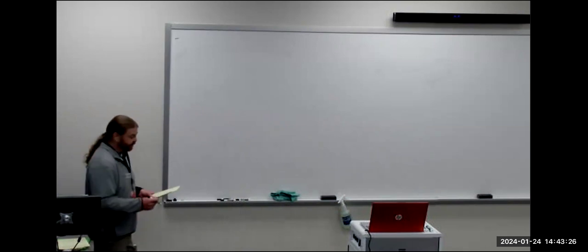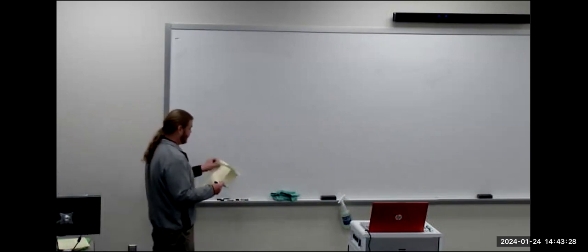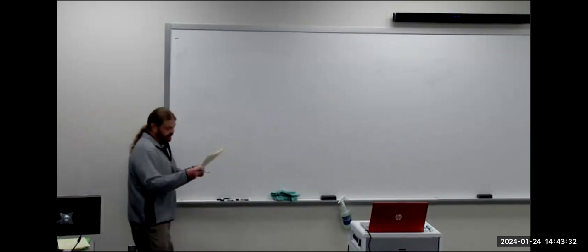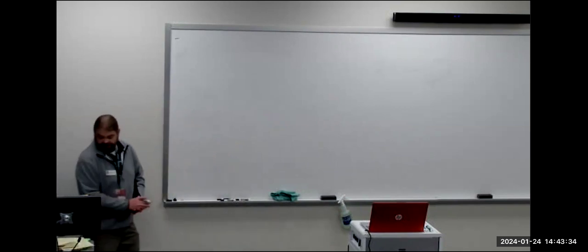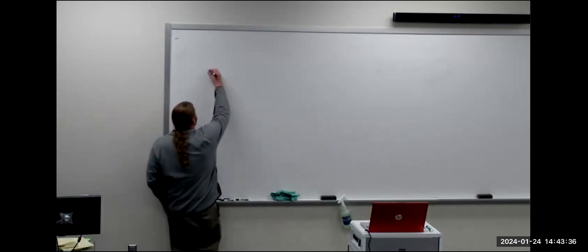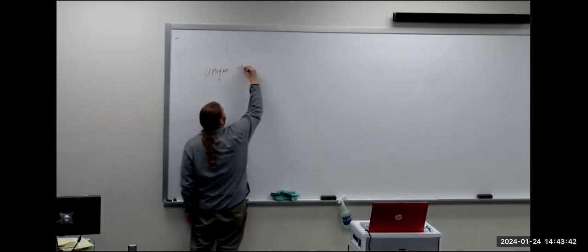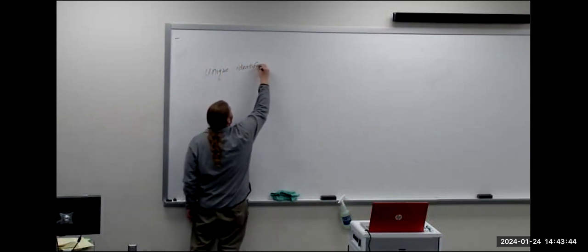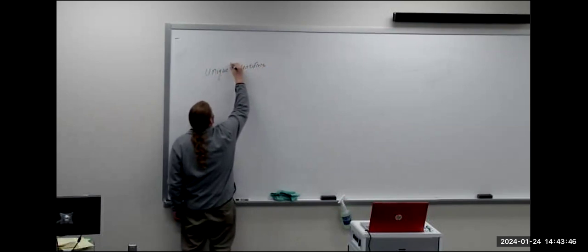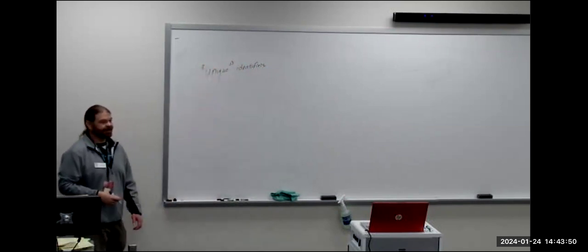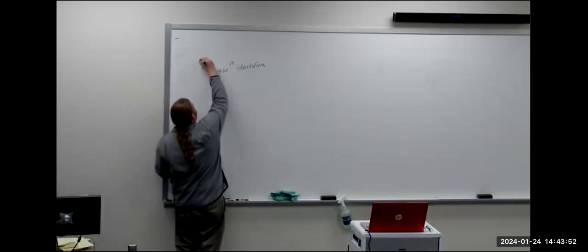So we need a way to identify these things. I labeled it up in my notes. Oh, I didn't label. Okay. So, unique identifiers. And I'm going to put quote marks around unique because unique is relative, or relatively unique.